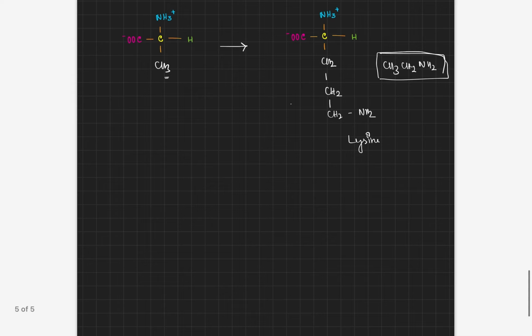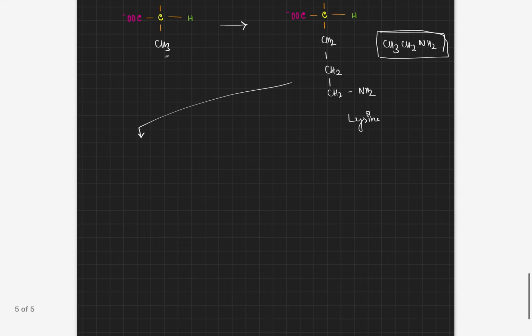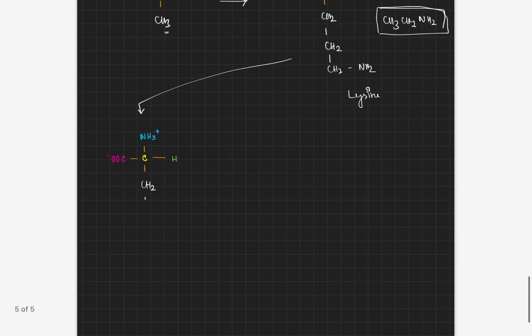And from this, if I replace the same thing with a tertiary amine, so here what will happen, I will replace this thing with NH, C double bond NH, single bond NH2, then it is actually arginine.